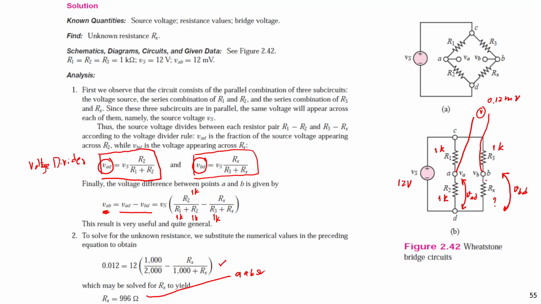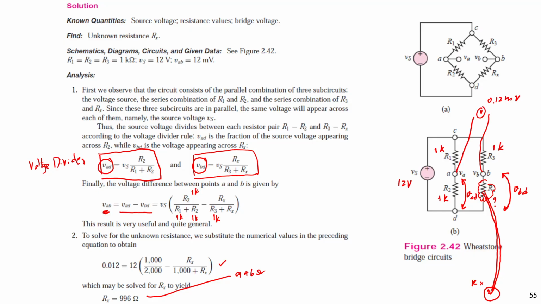Practically, the circuit is here, but Rx may be a long way from the measuring device. Our circuit is here, and we take the wire to the sensor, so maybe a long distance. So we can compute Rx, if we know VAB.